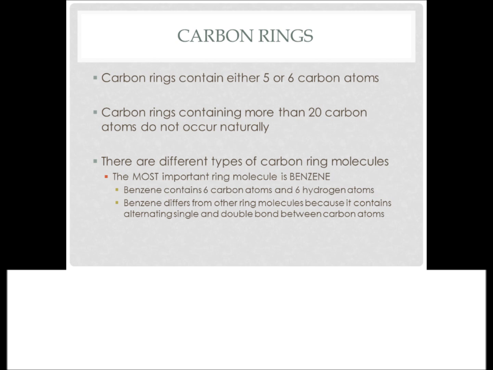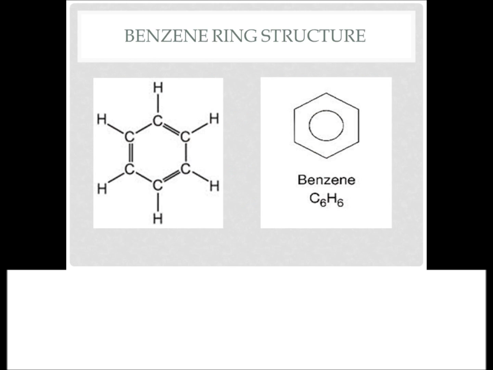So for example, between the first 2 carbons, there'll be a single covalent bond. Then between carbon atoms 2 and 3, there will be a double bond. Between carbon atoms 3 and 4, there will be a single bond. So it always goes single, double, and that is what makes benzene molecule very unique.